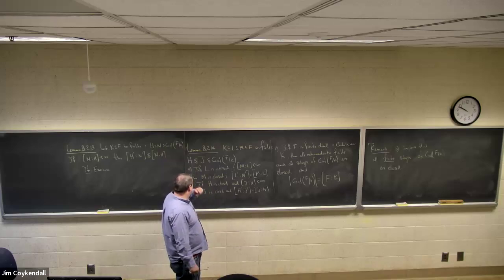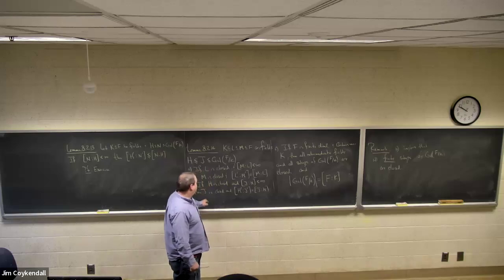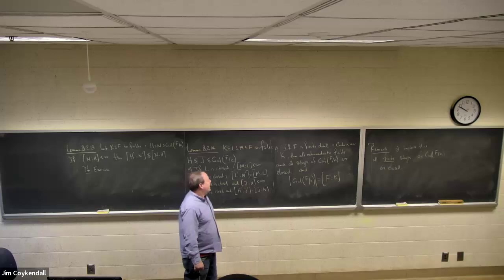So if you take H to be one and J to be finite, this says that one is closed, and if J is finite and this index is finite, that means J is closed, right? So that's kind of cool.